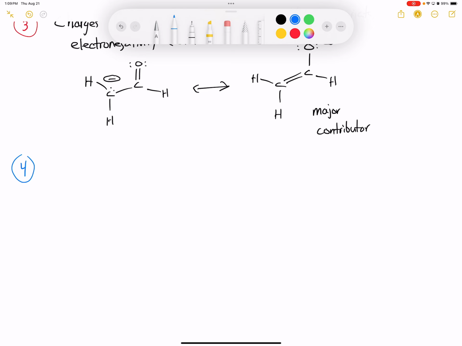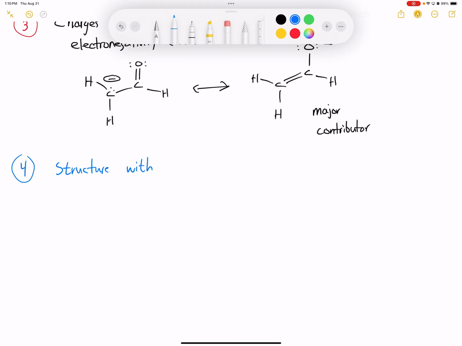So number 4. The fourth guideline: when you have a structure with least charge separation. So you don't want charge separation. So we have opposite charges, and you don't want to put them far away because that's unstable, right? They prefer to be close. And if you have negative charges, you don't want them next to each other because that's unstable.